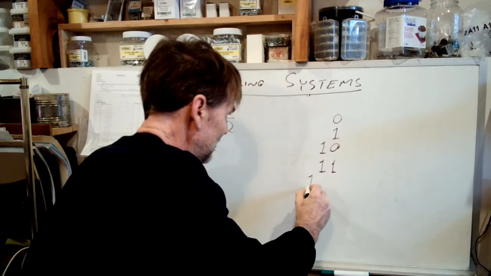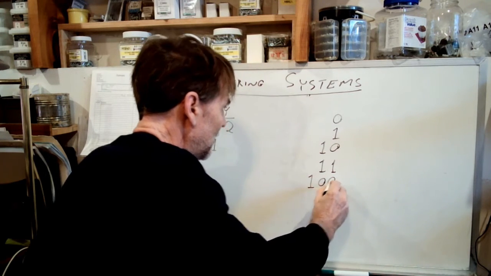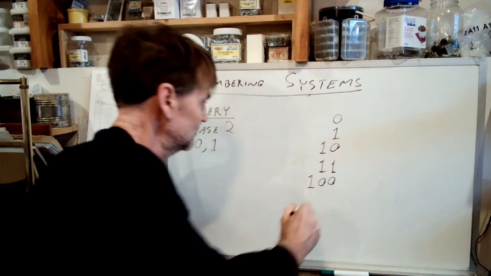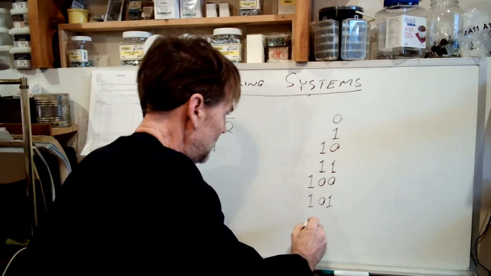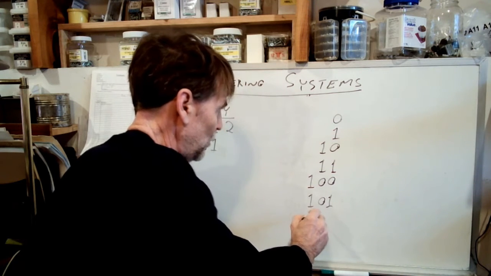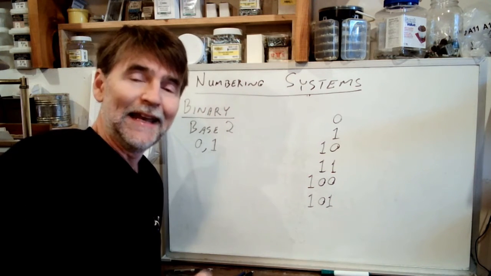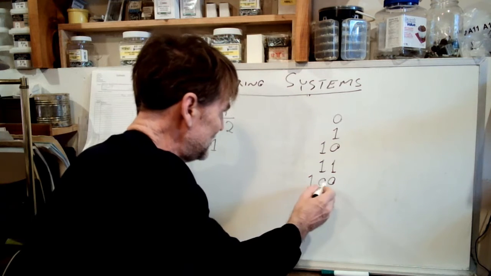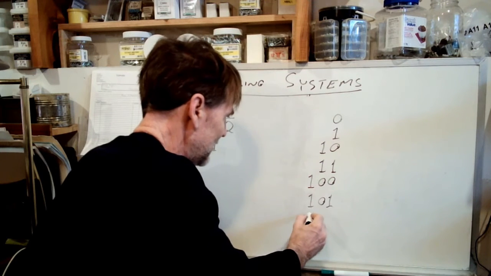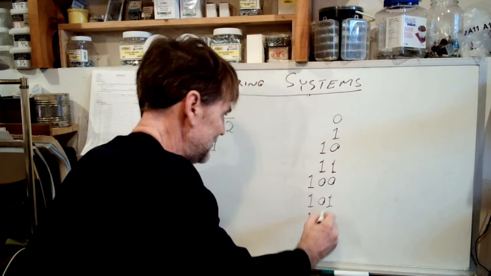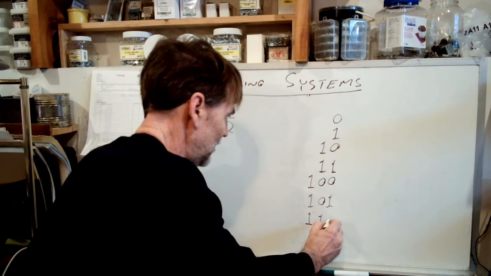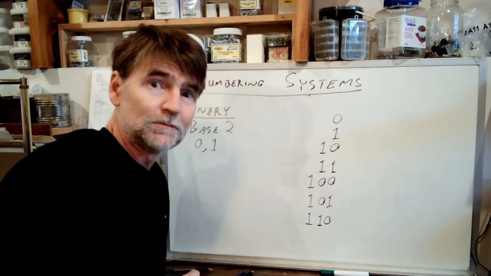Increment to the left and start over. We just ran out of numbers again, didn't we? Increment to the left and start over. Well, we don't need to build to the left. This can remain as is. This is the one that has to increment to the left and start over. So that's going to turn to a 1, and that's going to turn to a 0.